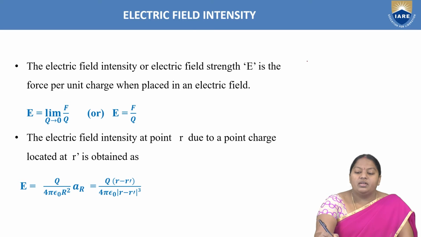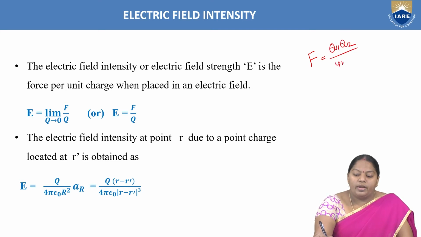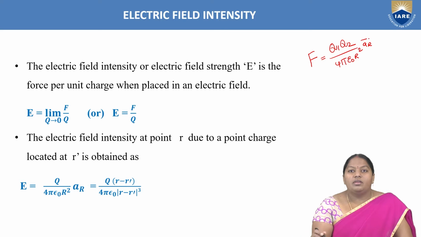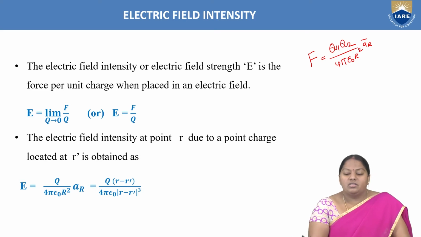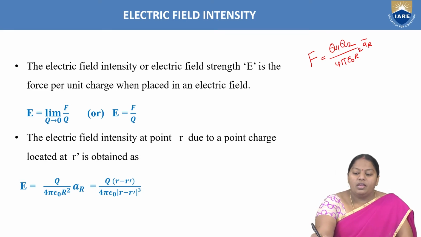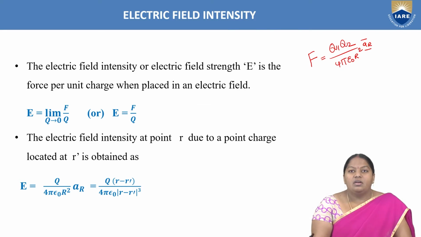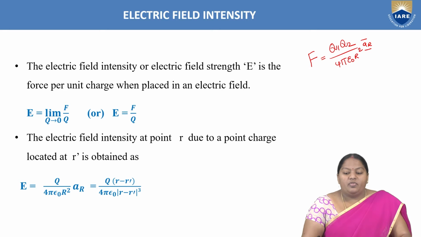According to that, the force equation for Coulomb's law is given by F equal to Q1 Q2 by 4 pi epsilon naught R square into AR, where Q1 and Q2 are the two point charges and AR is a unit vector in the direction of the line joining the charges.